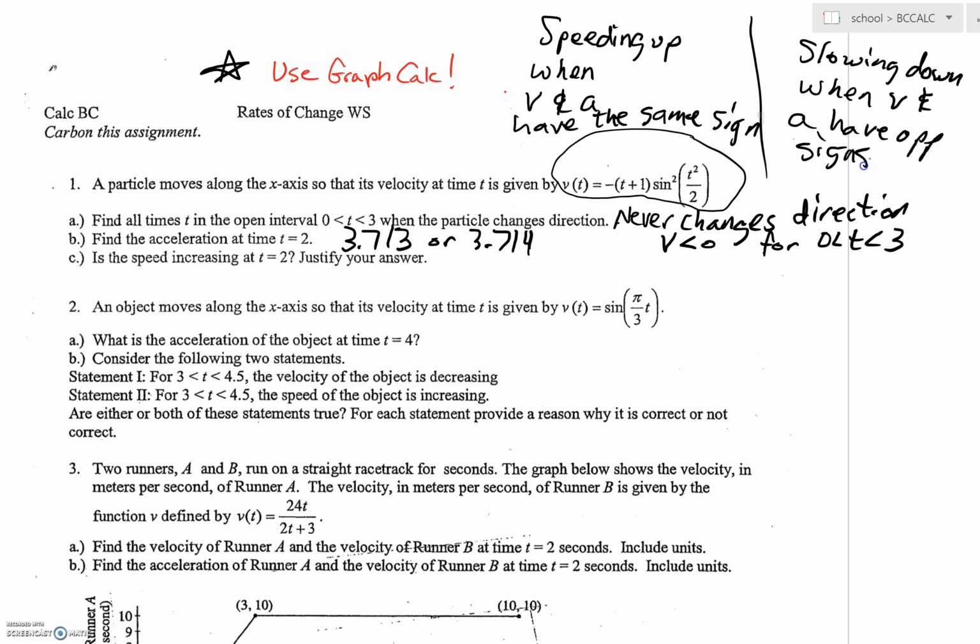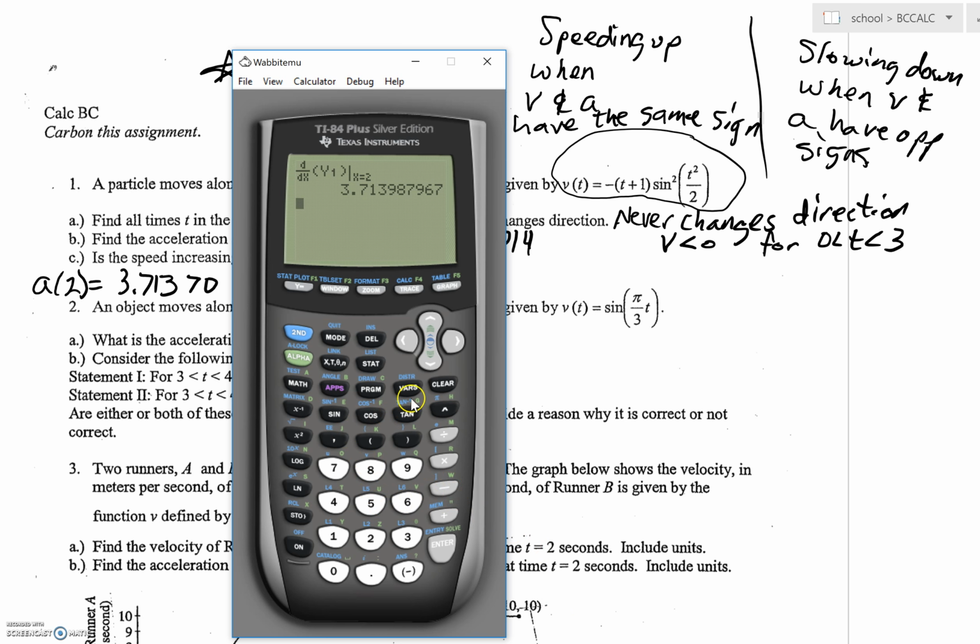So what are we getting at? Well, I already know that A of 2 is positive. Right? A of 2 is positive. You could think, well, what about V of 2? Well, you could plug a 2 into V, but hey, take a look at this.